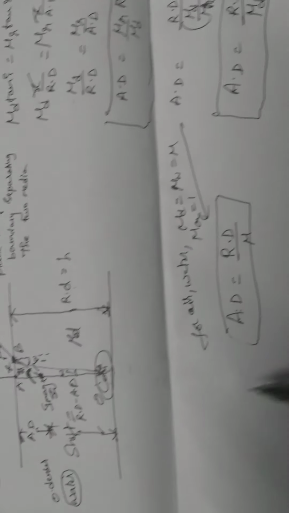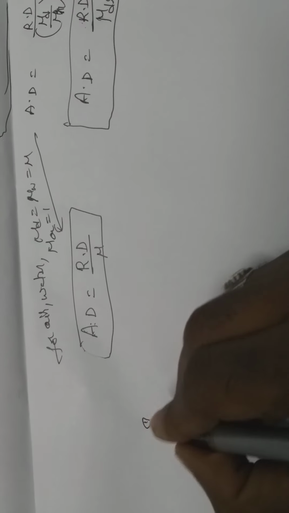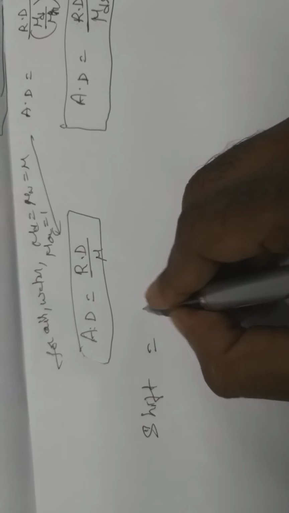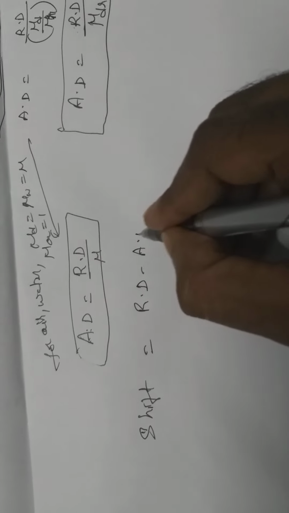Also you can find the shift here. By formula, the shift in the position of the object we can find by real depth minus apparent depth.